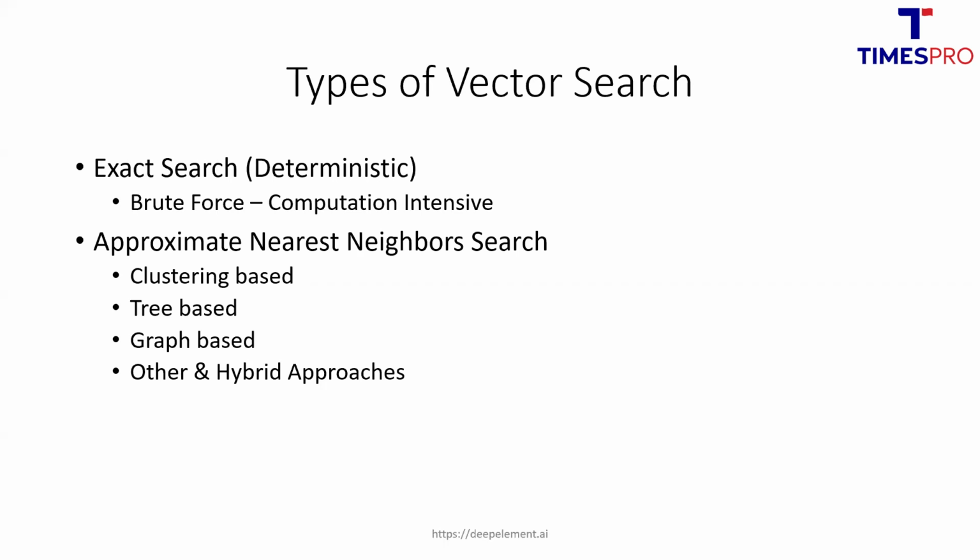One has to compare the query vector with all the vectors in the database, and that is computationally intensive. But if the application demands exact search, maybe it is some very stringent requirement in the application that it has to have a very high recall, then exact search is unavoidable.